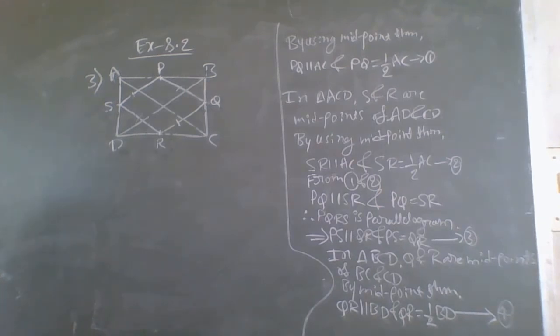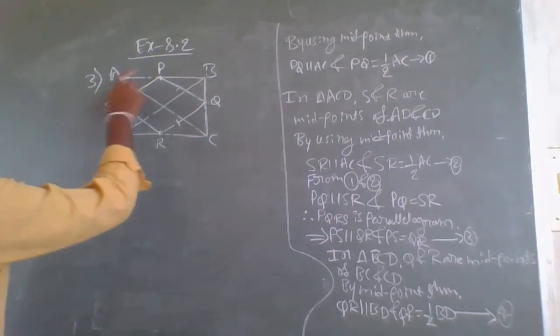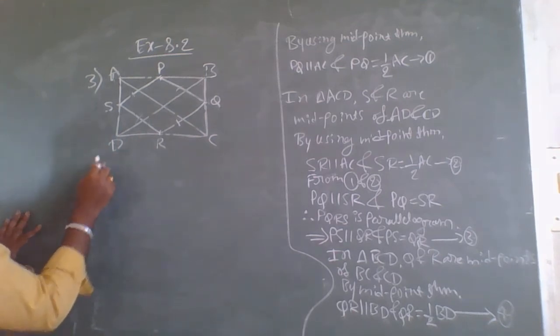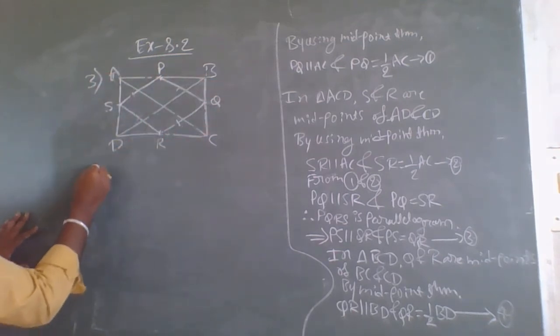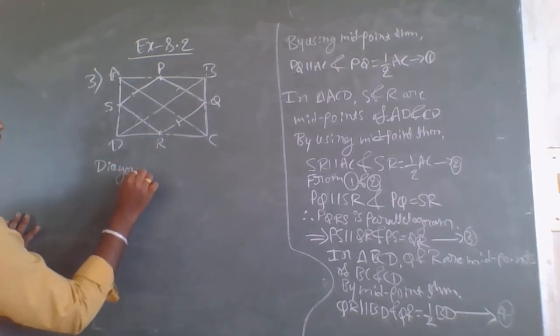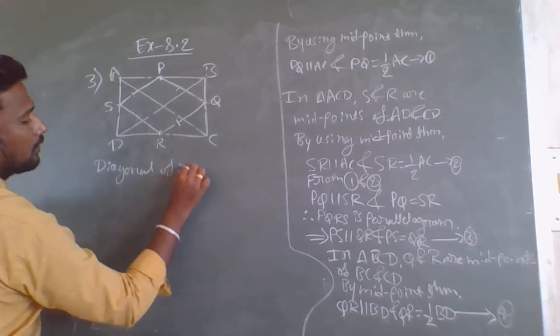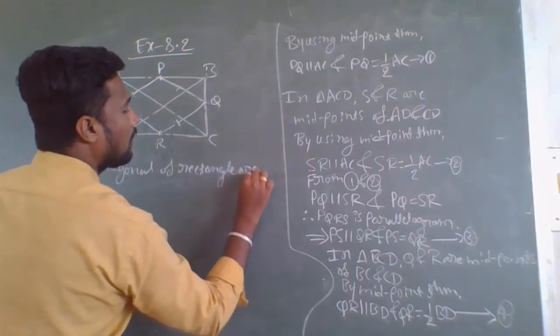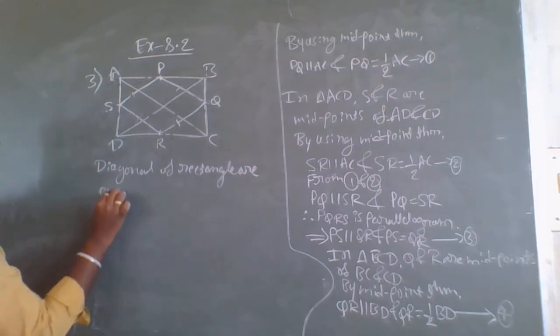Now, the diagonals of a rectangle are equal. We know that ABCD is a rectangle, and we know that diagonals of a rectangle are equal.